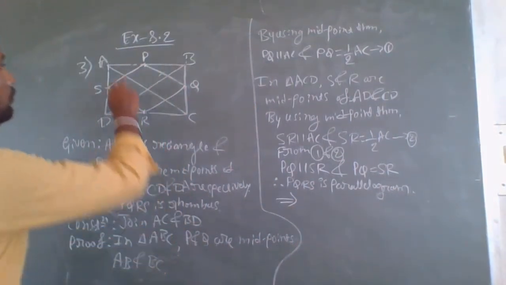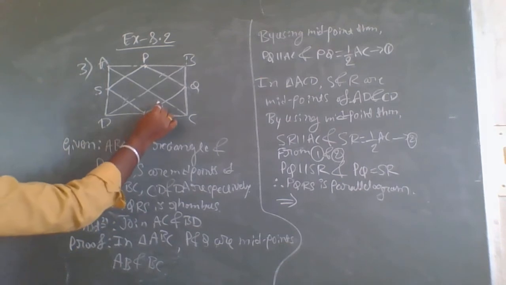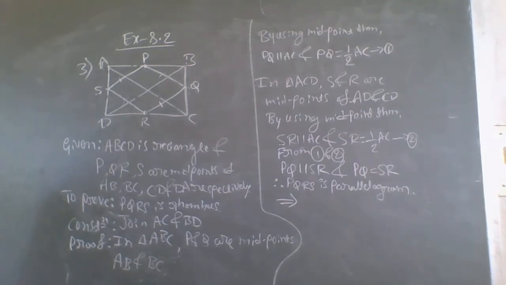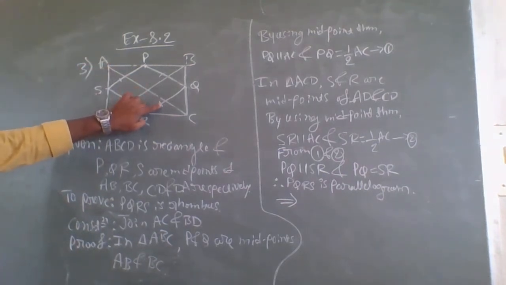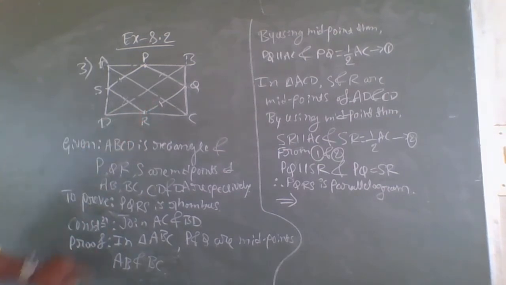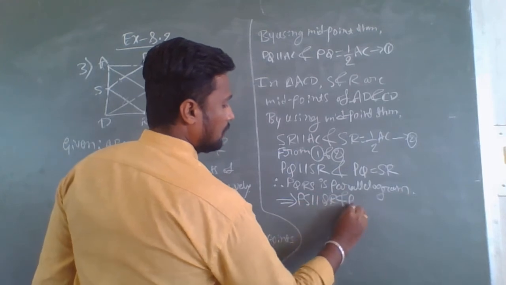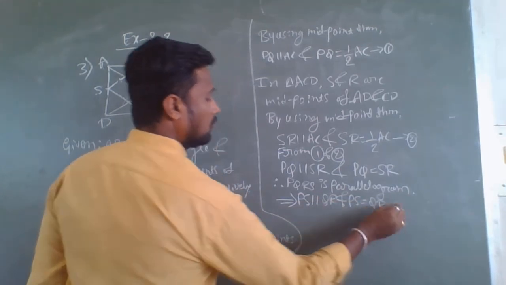Therefore, if PQRS is a parallelogram, then the remaining sides QR and PS are also equal and parallel to each other, because in a parallelogram opposite sides are always equal and parallel. Therefore PS is parallel to QR and PS equals QR.